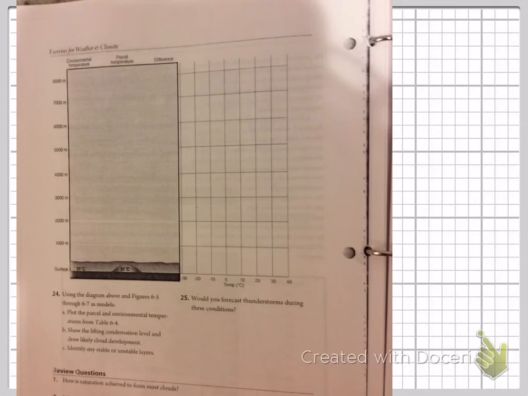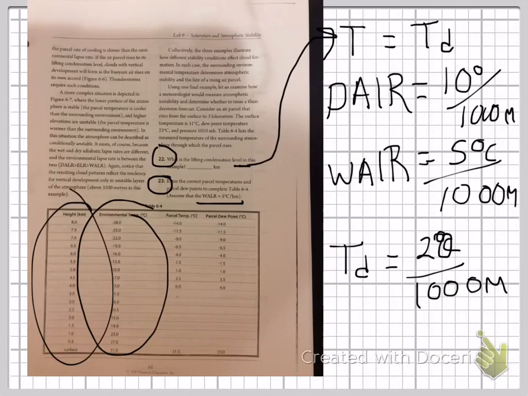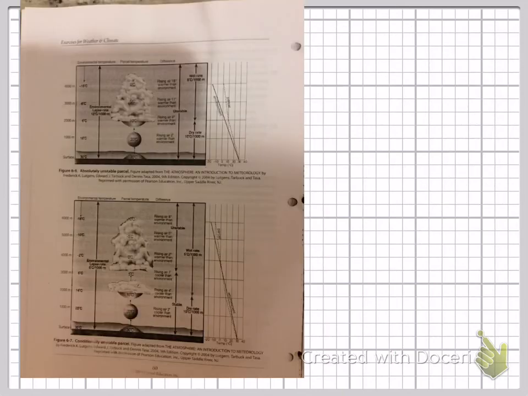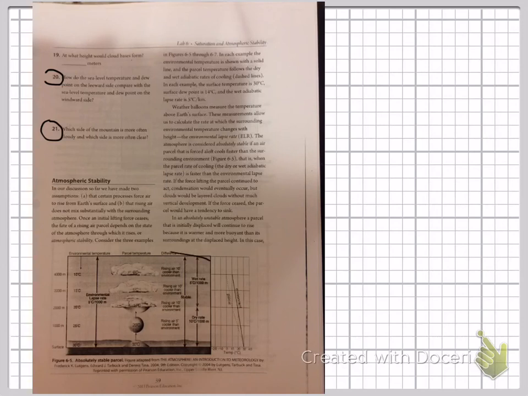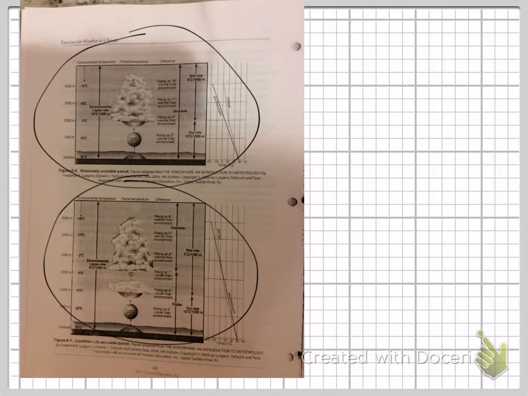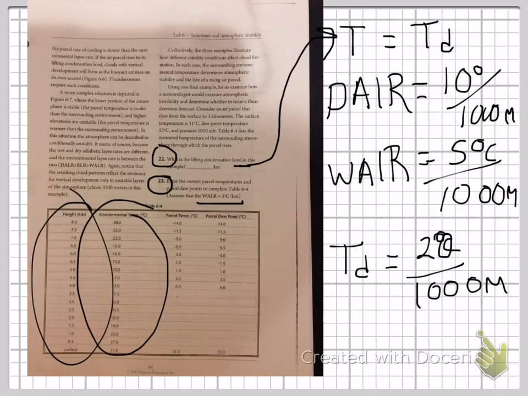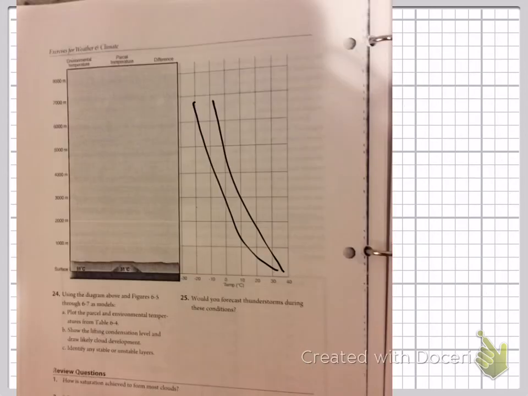It should look like a set of lines that are cooling off and going up, and that will help you then go back and compare to the examples that you're looking at on these pages regarding stability of the atmosphere. And since this part of the lab is sort of repetitive to what we've been doing throughout Lab 6 and some of 5, I feel like you guys can work your way through it.